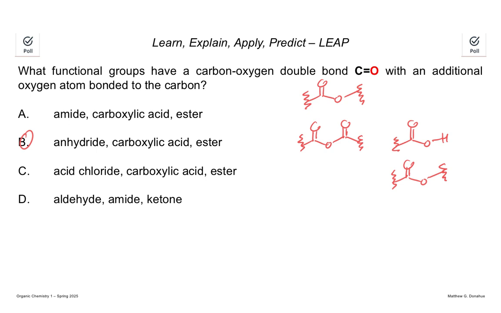For A, the amide has a nitrogen bonded to the carbonyl. For C, you have a chlorine atom bonded to the carbonyl. And then for D, none of these would be correct. So the aldehyde has that H, the amide has a nitrogen, and the ketone has two carbons.